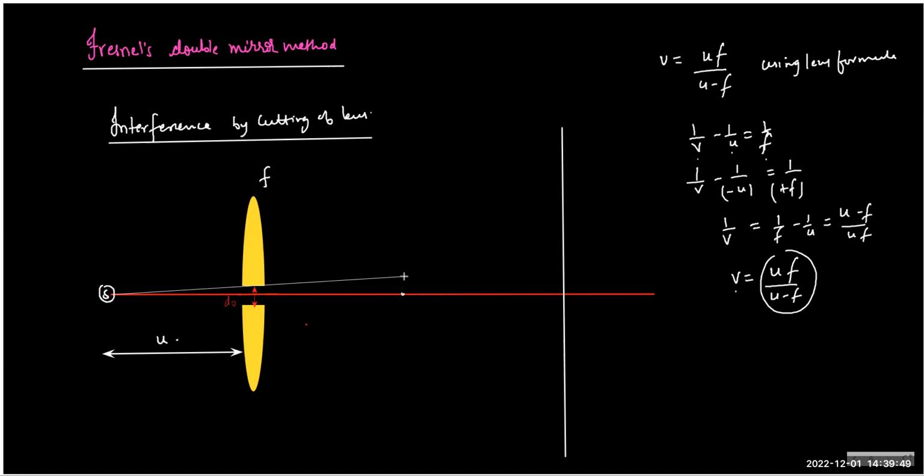The light ray which passes through the edge will pass undeviated because that is the optical center of the lens, right? And the light which travels at some angle will bend towards the normal, right? This is how it will happen, and the same thing will happen on the other side.